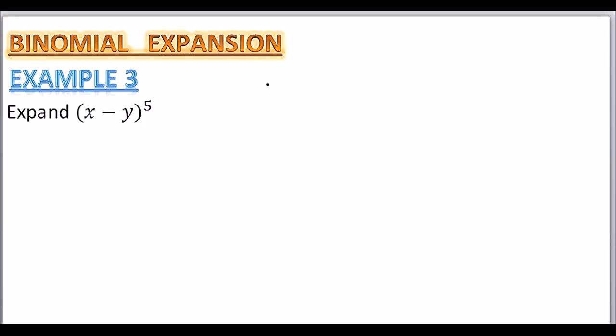In this example, you expand x minus y in brackets raised to power 5. So the coefficients are 1, 5, 10, 10, 5, and 1.